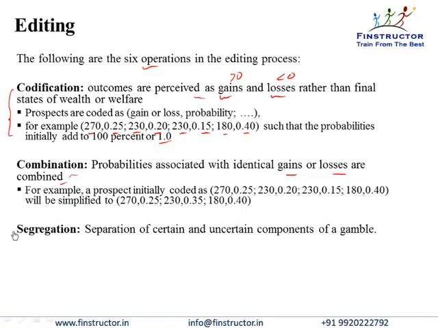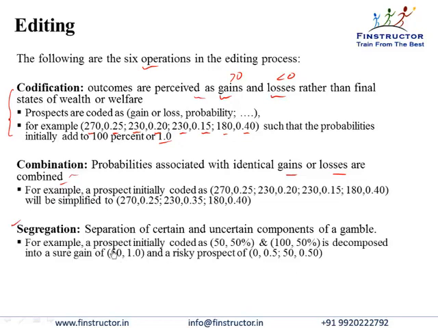The third step is called segregation. Segregation involves separating the certain and uncertain components of a gamble. So let's say a gamble offers me a 50% chance of getting $50 and a 50% chance of getting $100. So half the time I get $50 and half the time I get $100.